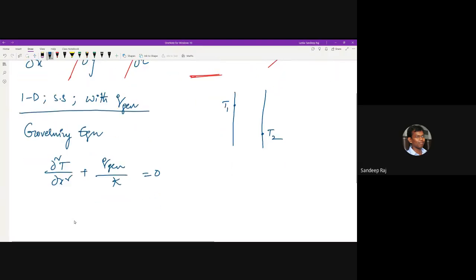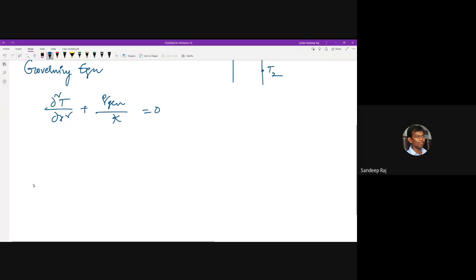Now, once I take the governing equation, what's my next step? I have to integrate it appropriately so that I get the general solution. So first, I'm integrating it. For clarity, I'll take the Qgen by K on the other side of the equality.